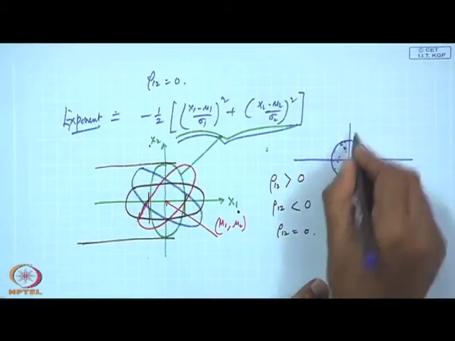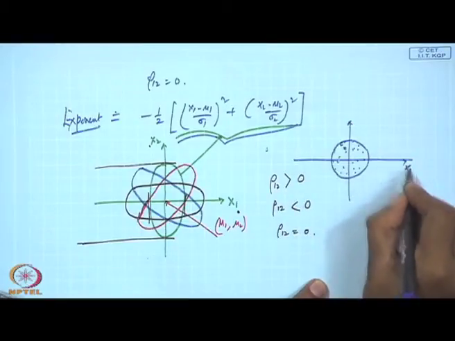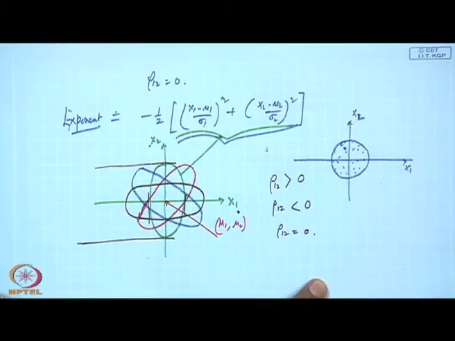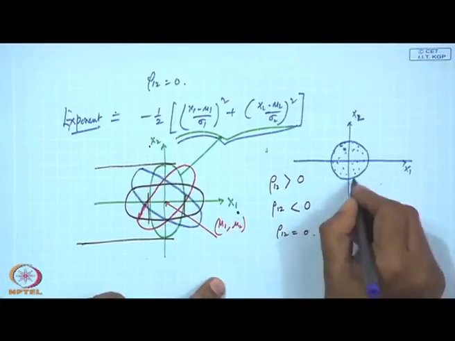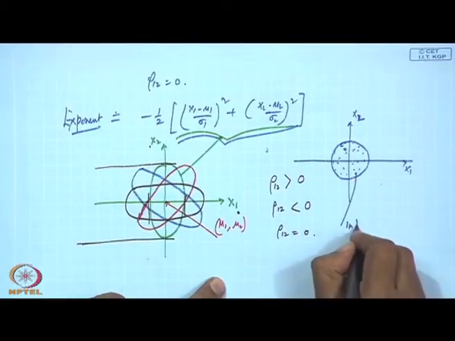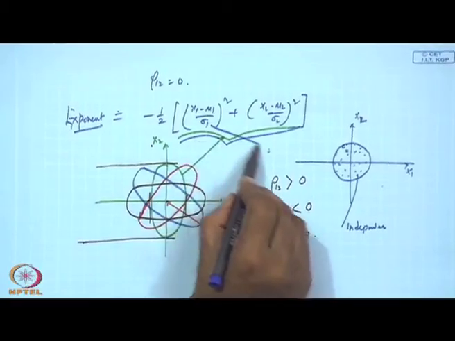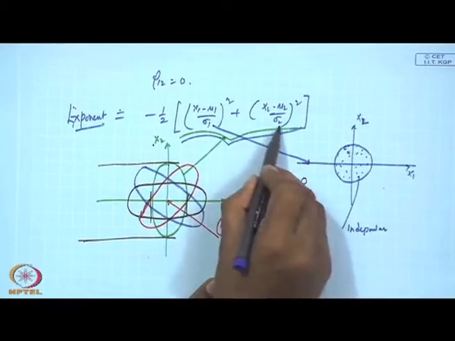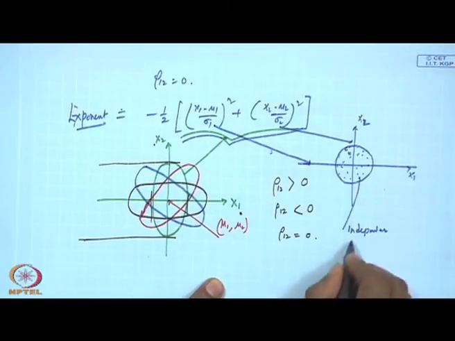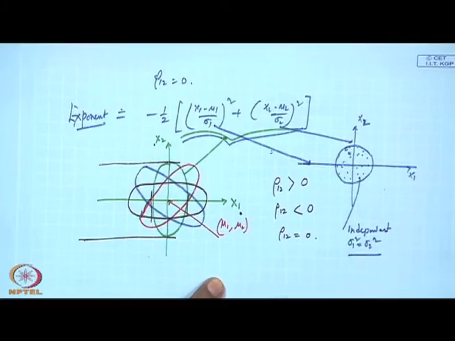This is also a bivariate case. So, this is also an independent case. The question is this sigma 1 and sigma 2. In this case independent, but sigma 1 square equal to sigma 2 square.